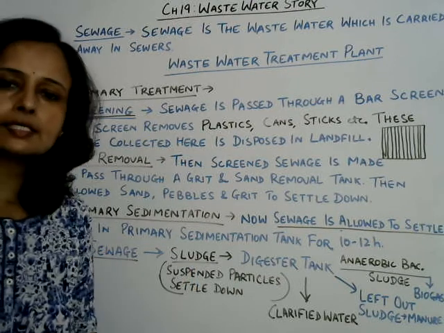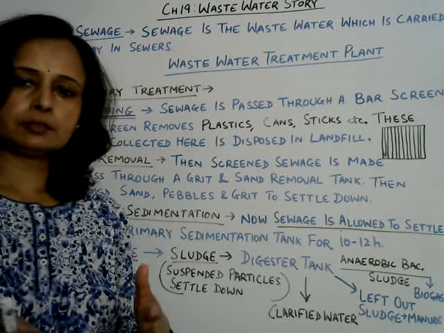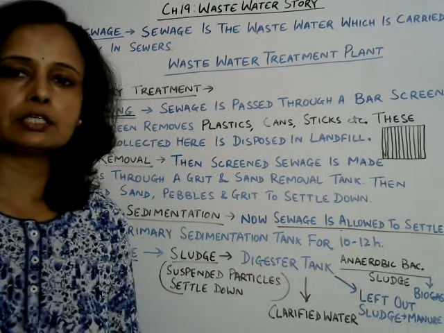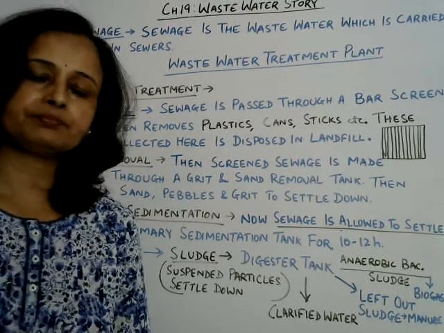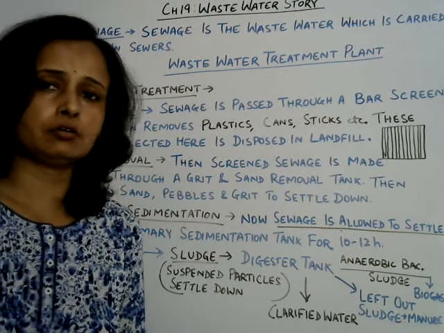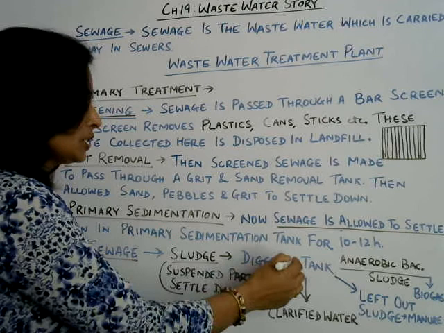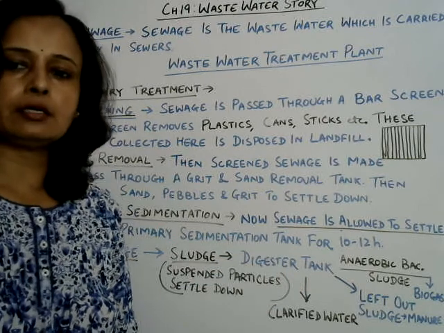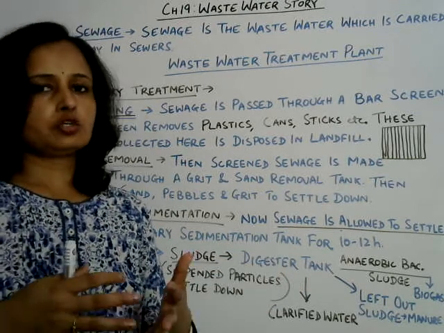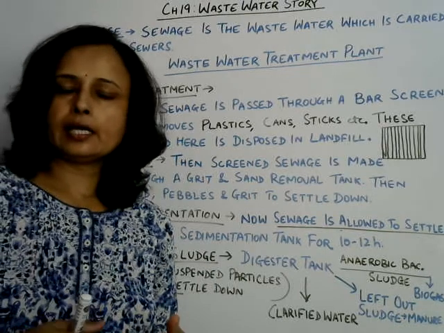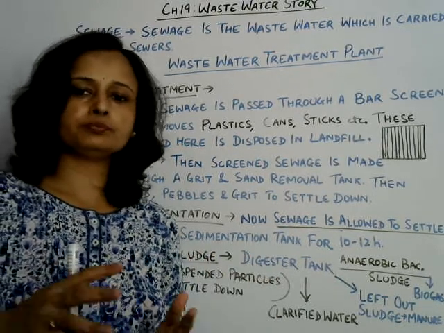So what is sludge? It is the suspended particles like fecal matter and organic waste materials that are allowed to settle down. Understood? Next, that sludge is then passed to another tank, that is called digester tank. In that tank, that sludge is allowed to move.